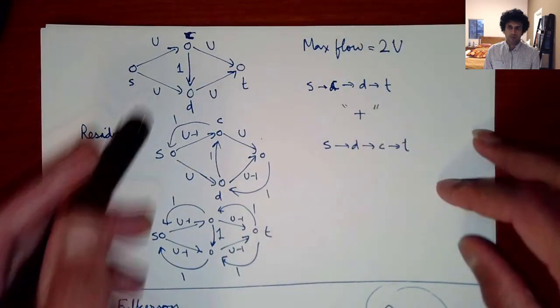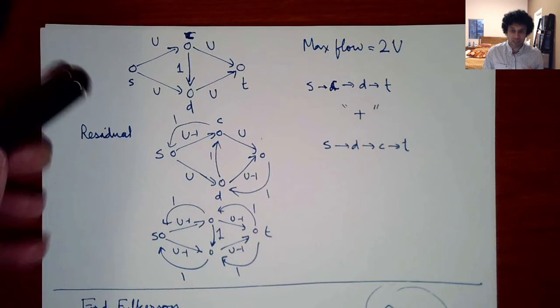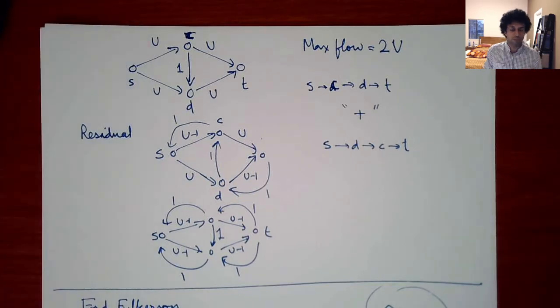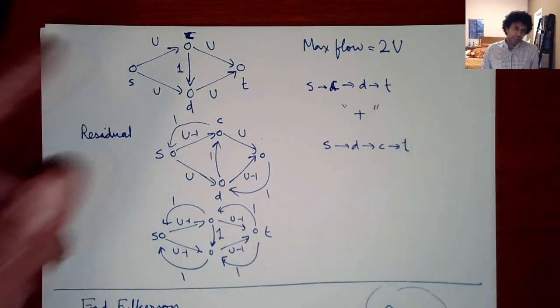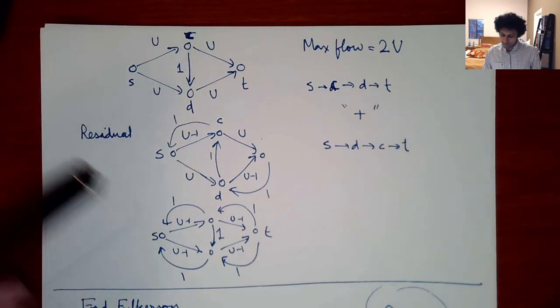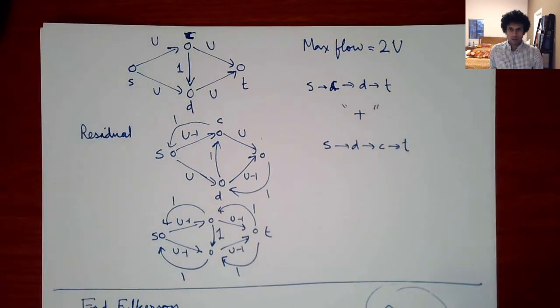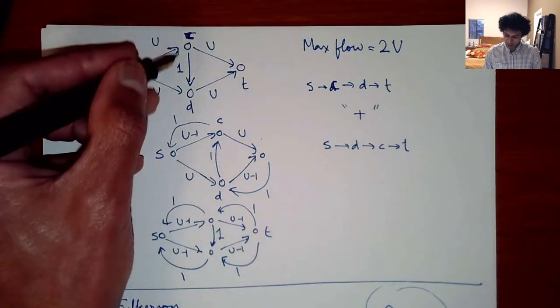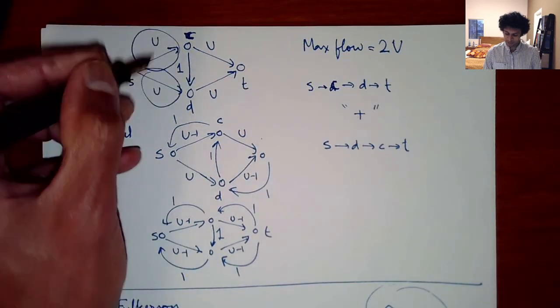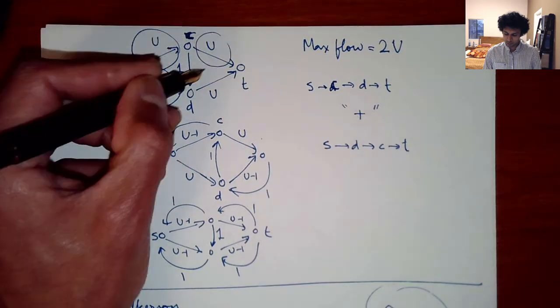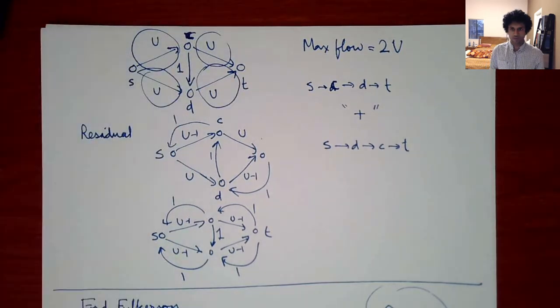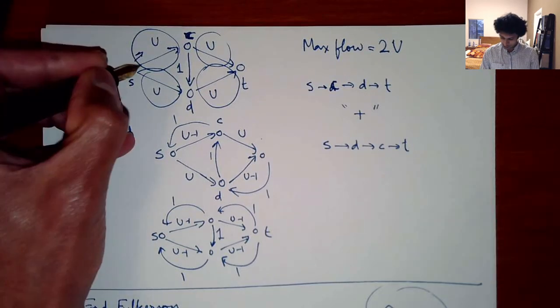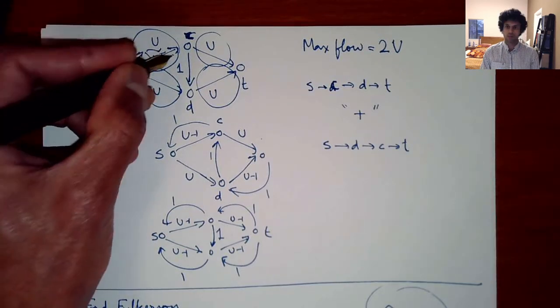If Ford-Fulkerson were to pick these paths, which it could, since it just says pick some path. Over here, it looks like the obvious thing is to go from S to C to T, but this is obvious because I've drawn it that way. Suppose it wasn't an edge, but some complicated graph which could send you units of flow.